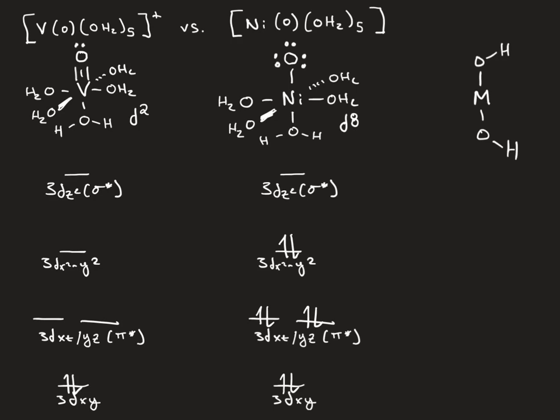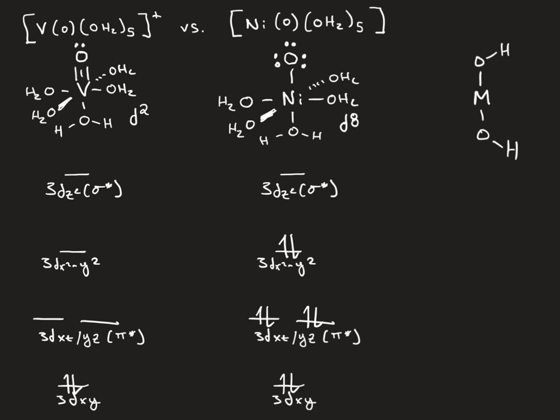For the vanadium species, we have this triple bond here. We have no electrons occupying antibonding orbitals. It's rather stable. And if anything, will be electrophilic in nature. This oxo is not going to want to pick up protons unless there's accompanying electrons coming along with them.